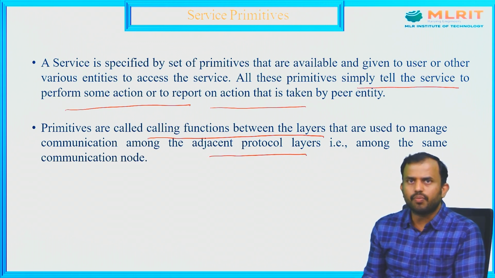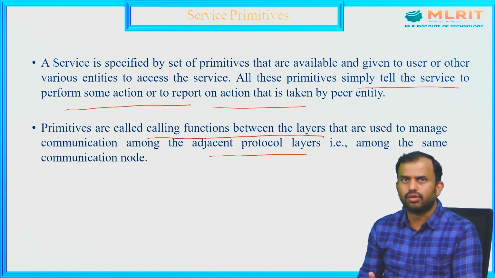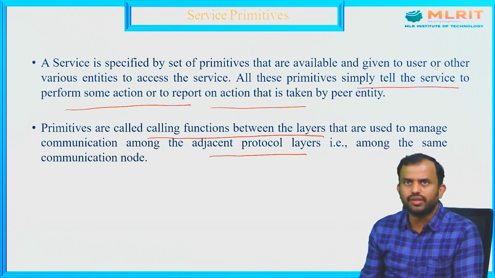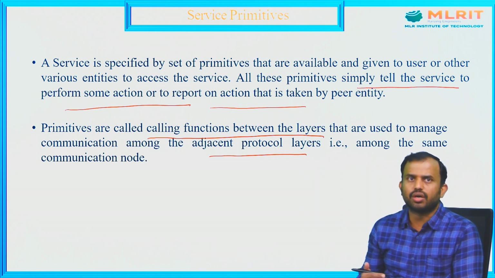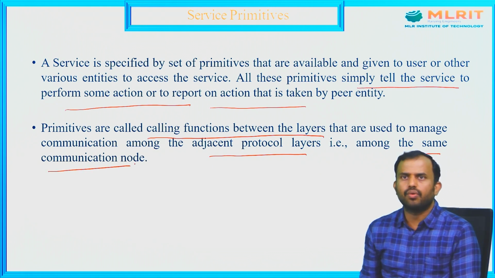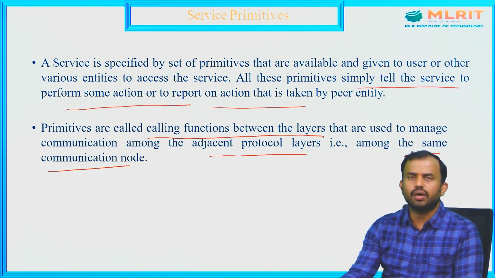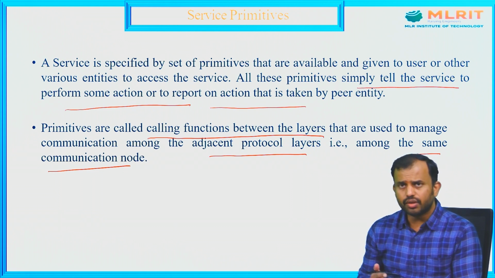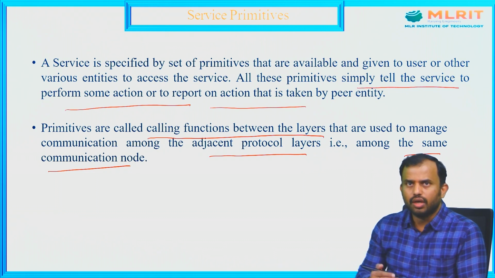We were discussing the different layers involved in network signal transmission in a computer network. When we use this calling function between layers, we can manage the communication between the layers, and those are strict about the adjacent protocol of the layer, the same among the communication nodes.